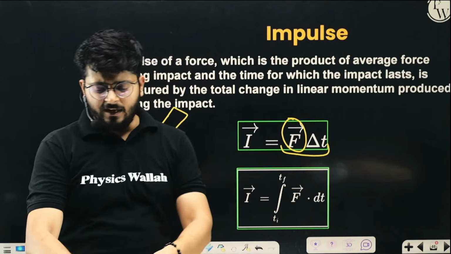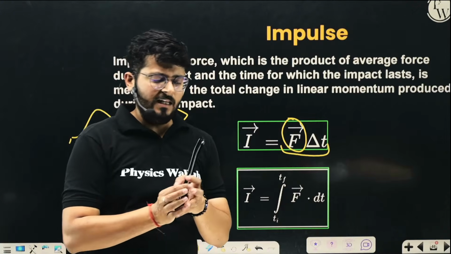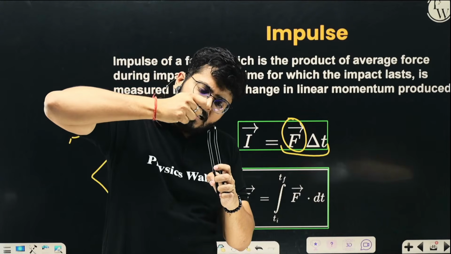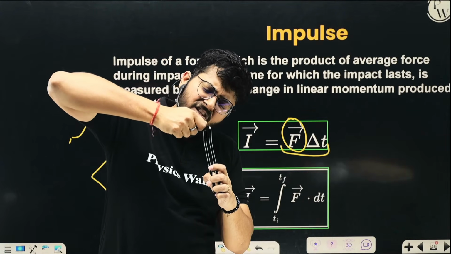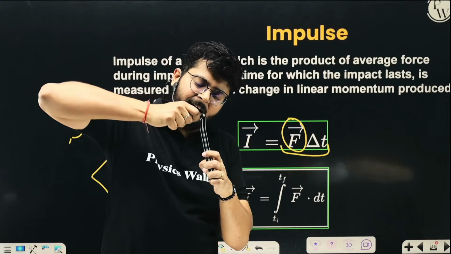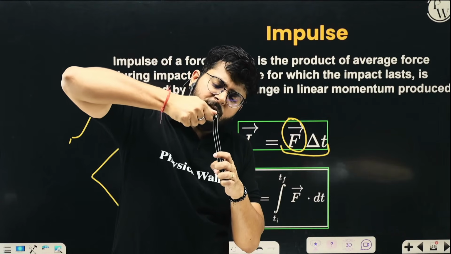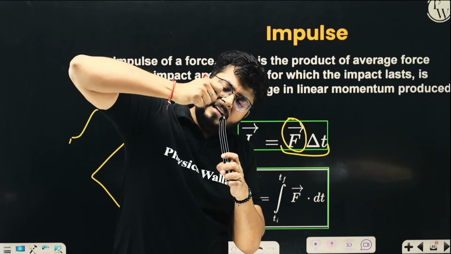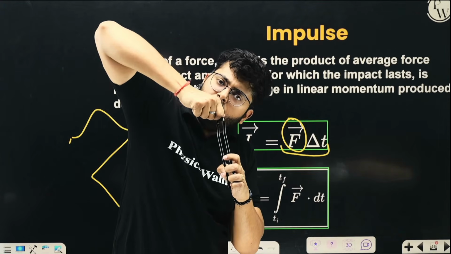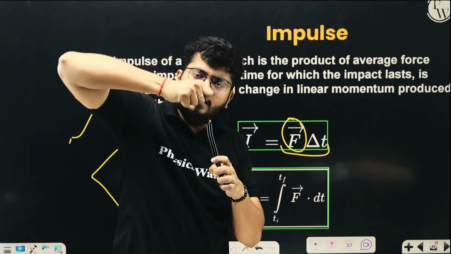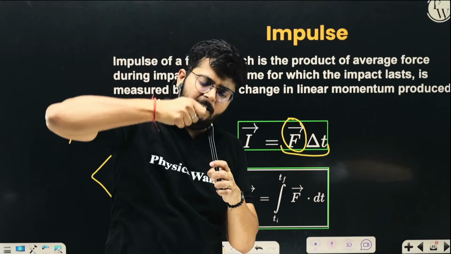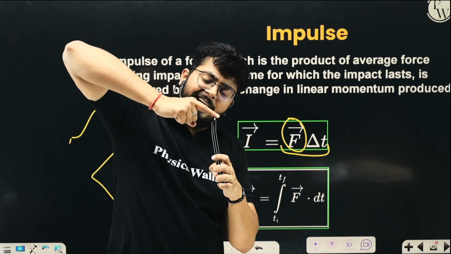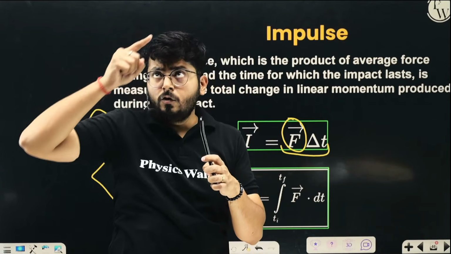For example, if I have this metal piece and I hammer it, at time t equals 0, when the hammer is just touching the metal object, the force is 0. But gradually, in a fraction of a second, the force will be maximum, and then the hammer is removed, like hitting a nail. The force is increasing, and when the contact is removed, again the force will become 0.